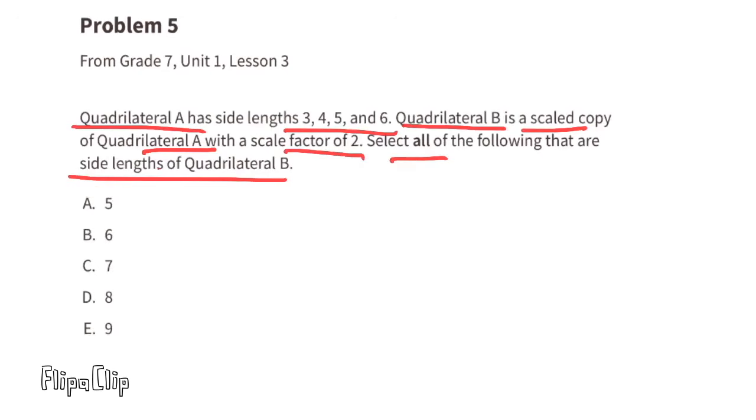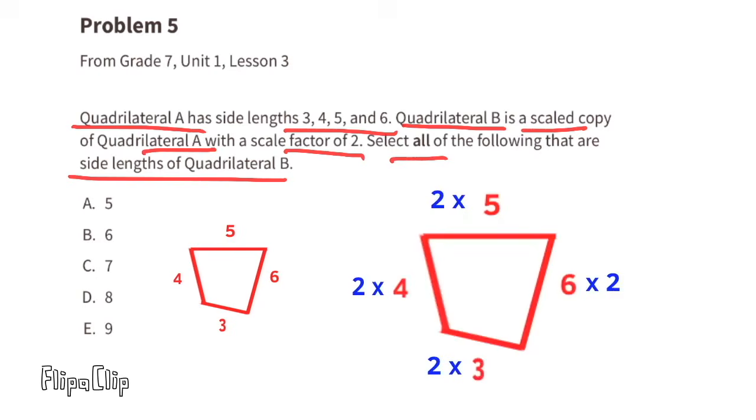Problem number 5 from 7th grade, Unit 1, Lesson 3. Quadrilateral A has side lengths 3, 4, 5, and 6. Quadrilateral B is a scaled copy of quadrilateral A with a scale factor of 2. Select all the following that are side lengths of quadrilateral B. Let's start by multiplying all the side lengths of quadrilateral A by 2.